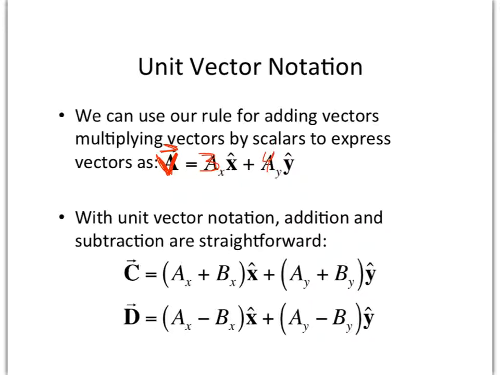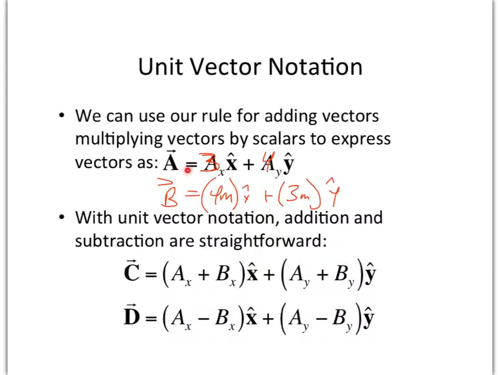Instead of renaming the vector, I'm just going to call it vector A, with the same values. Then we'll call vector B, and say it has the opposite values: 4 meters in the x hat direction and 3 meters in the y hat direction.